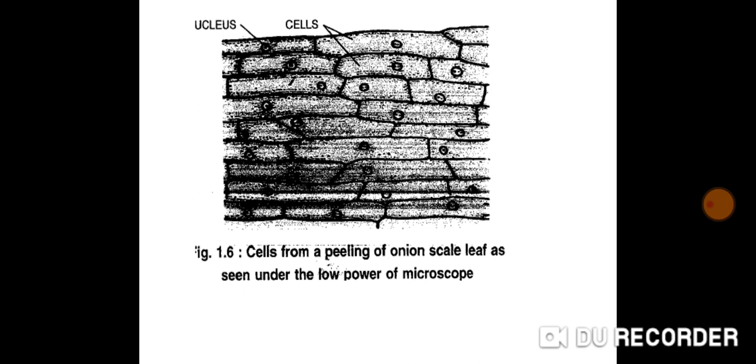The compartment is nothing but the cell, and the single darker patch that we see in the compound microscope is the nucleus. So a single small piece has been divided into a number of compartments, and each compartment has a dot-like structure called the nucleus. So this is the onion peeling or the transparent fleshy structure as seen under the compound microscope. Thank you.